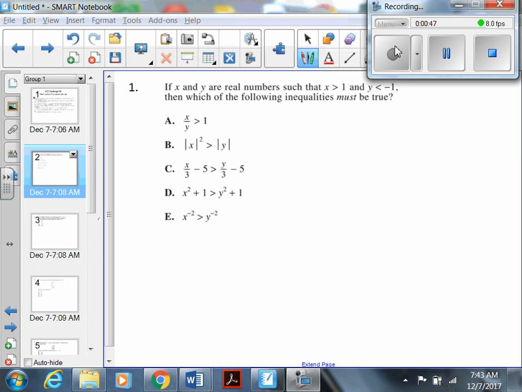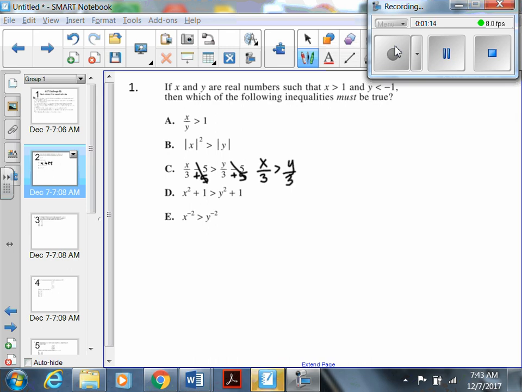Taking a look at the answer choices, the first thing I'd like to do is go ahead and simplify the answer choices for C and D. I think that's just going to make it easier in the long run. So what I mean by simplify is on C, I could add 5 to both sides, and those -5s actually cancel out. So our answer choice for C is saying x over 3 is greater than y over 3.